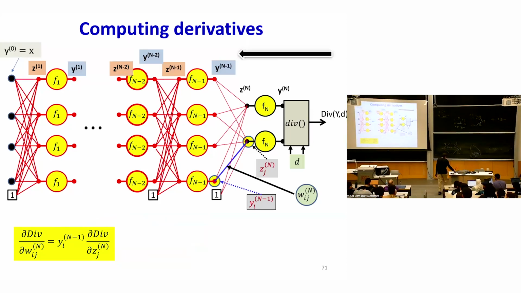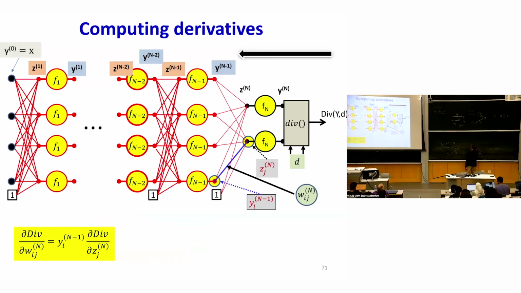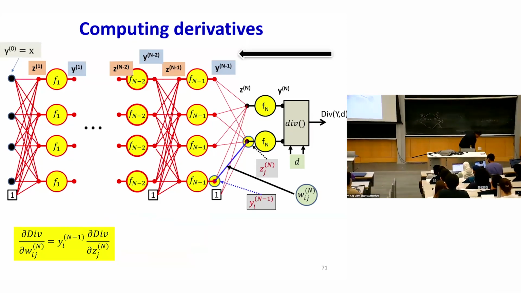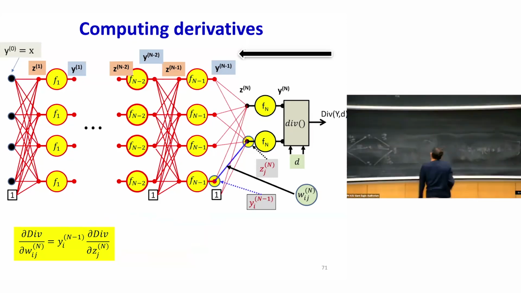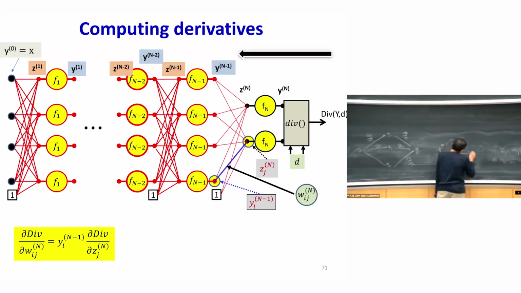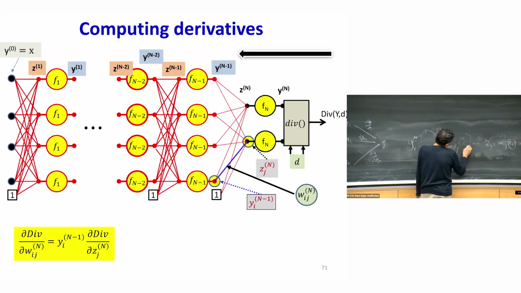So in general, if I have a connection of this kind, yi n minus 1, wij, this is zj. Now eventually zj is going to influence the divergence.